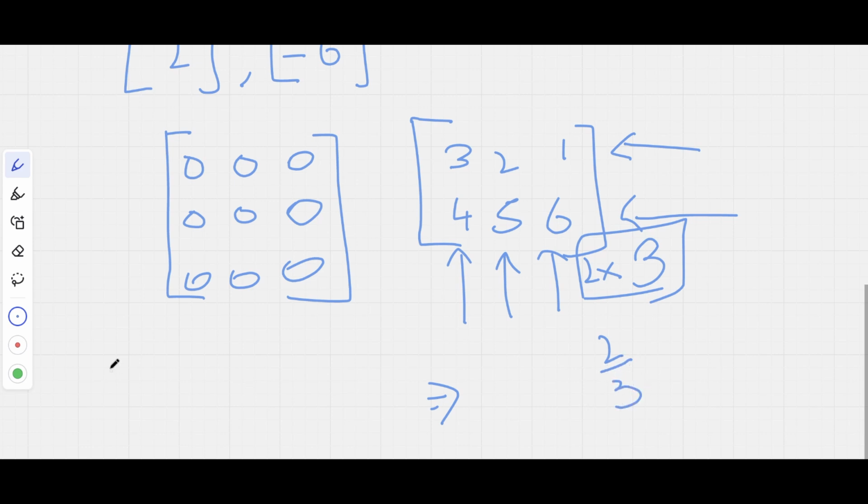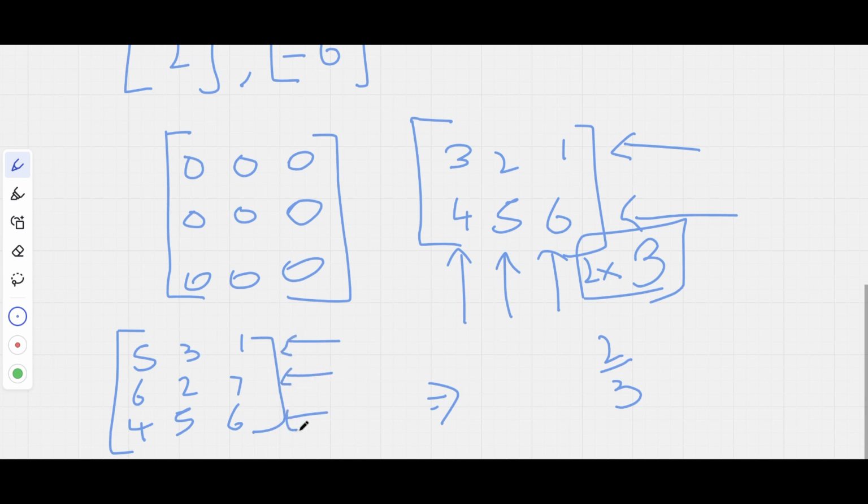Next, square matrix. Let us take an example: 5, 6, 2, 4, 5, 6, where I is equal to J. I means the number of rows: first row, second row, and third row.